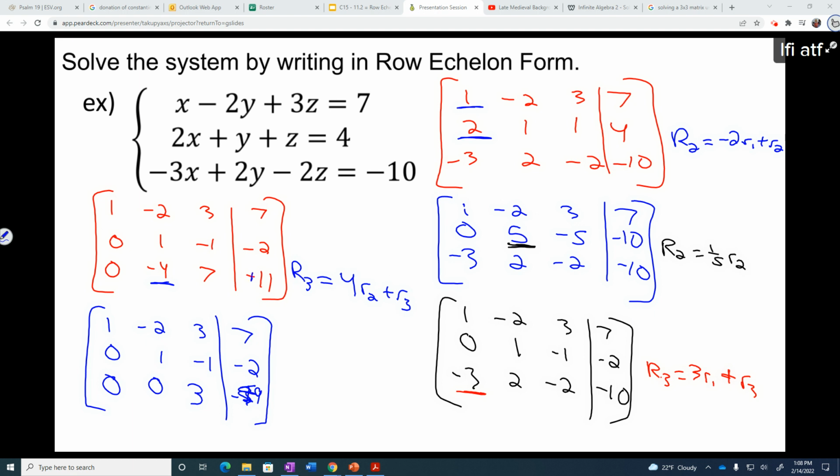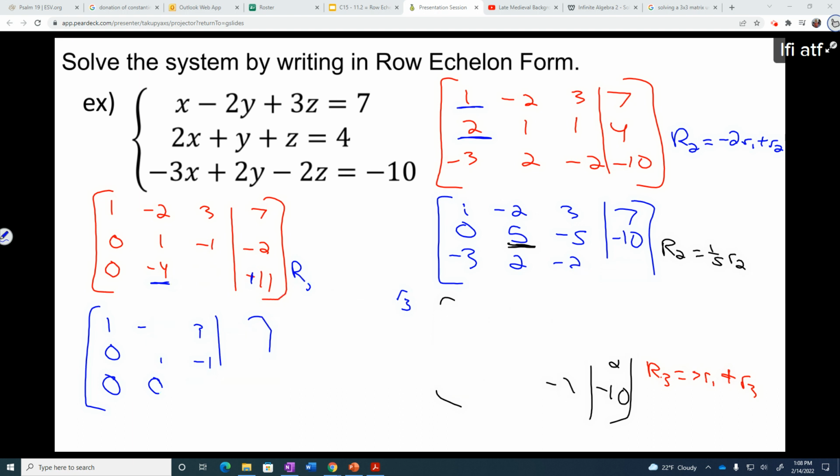All right, there we go. Because this is 3 times 7 and minus 10 would be 21 minus 10 is going to be positive 11. All right. Positive 11, and then 8 is 3.